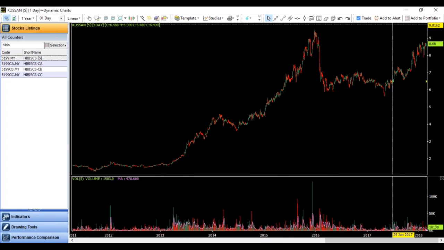Kosan is another stock. You look at this chart, all of them are basically blue chip, and when I'm talking about blue chip, basically the volume is there. So as a trader, when you have volume in the stock and you are in sync with the broader indices, your investments are good.